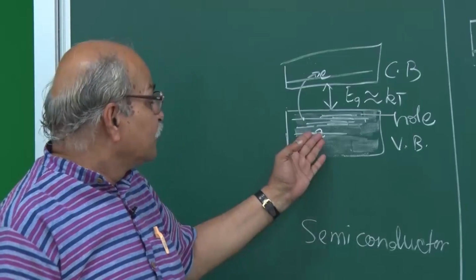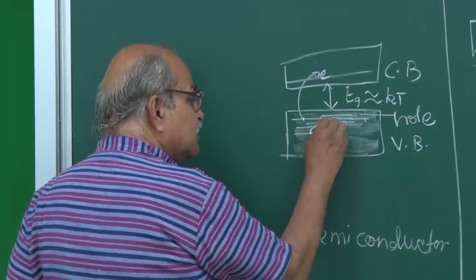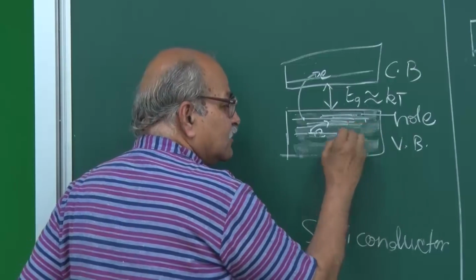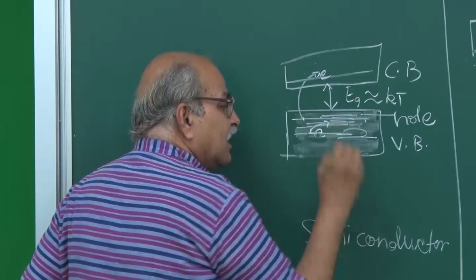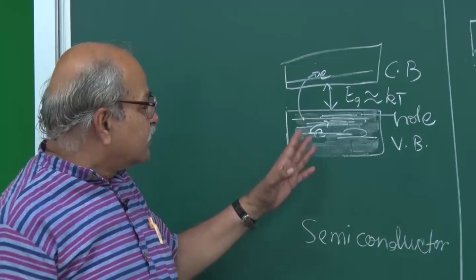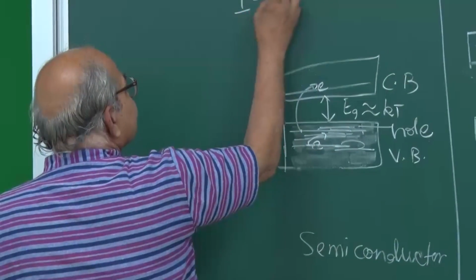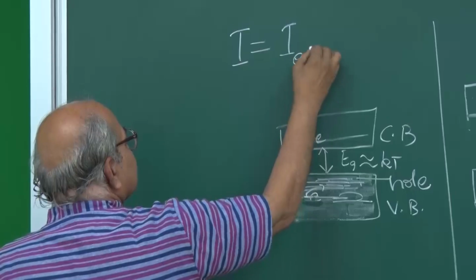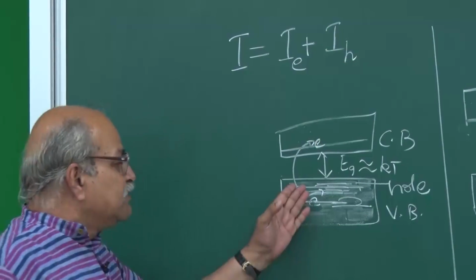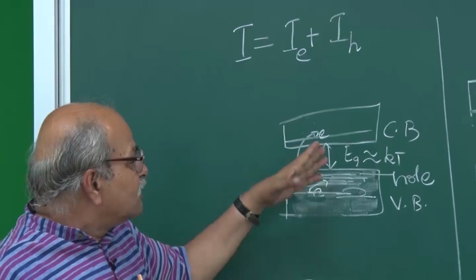So this electron can go here, and if it jumps here, this quantum state becomes empty, and then some other electron can accept energy and go there, and so on. So in a semiconductor, the current is composed of two parts. One is because of the conduction electrons and one is because of the holes. We call these empty states holes, right?